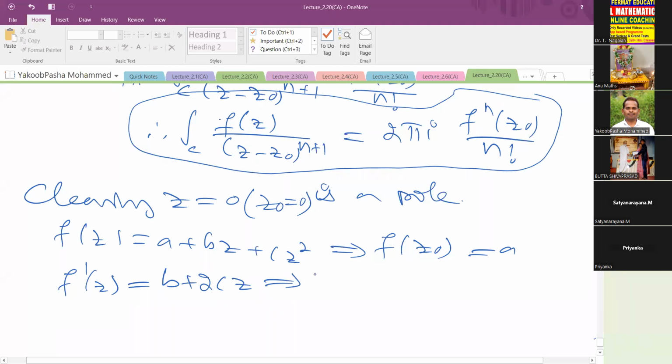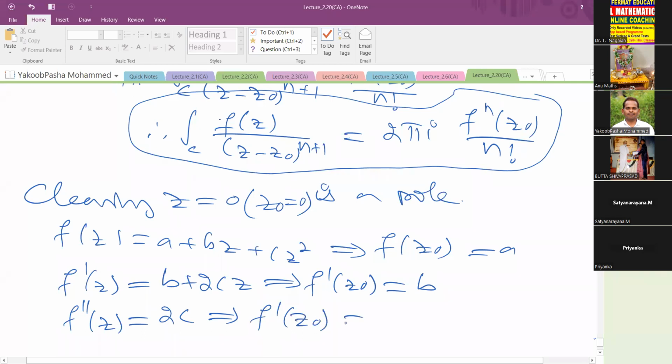This implies f dash of z naught is equal to b. And the second derivative of the function f of z is 2c, a constant, so at z naught it is 2c. We found the first and second derivatives.